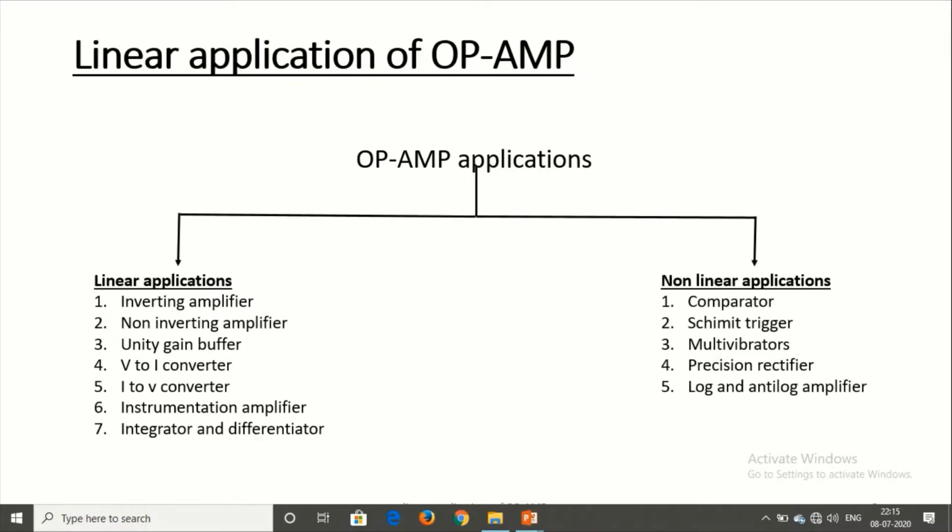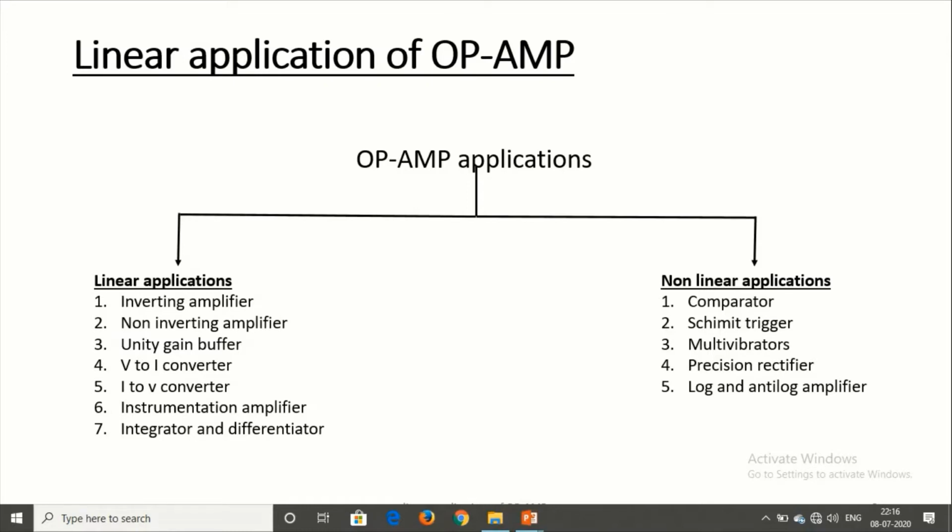Linear application of the op-amp. The op-amp application can be classified into two basic categories, namely linear applications and non-linear applications. The linear applications include inverting amplifier, non-inverting amplifier, unity gain buffer, V2I converter, I2V converter, instrumentation amplifier, integrator and differentiator.